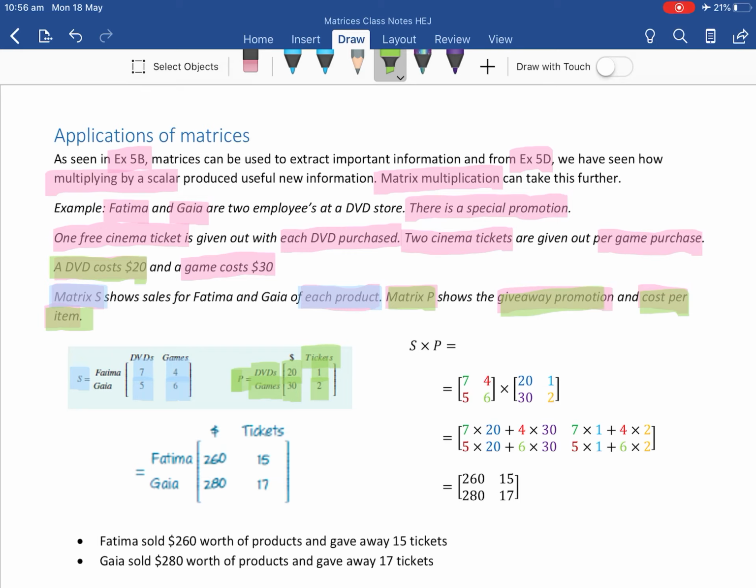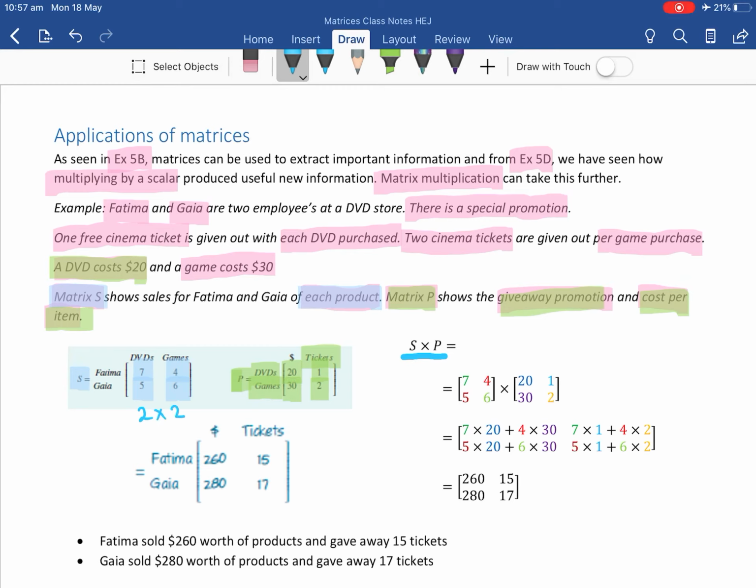So, to find the total, if Fatima and Gaia sold that many DVDs and games, we can multiply them together to find the total amount of money that they get for each and the total amount of tickets that they sell. So to find S times P, first remember that you have to find the order.